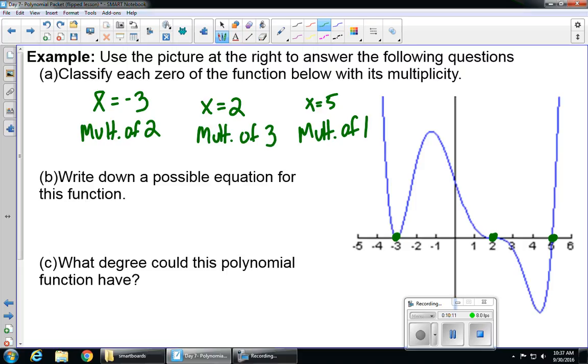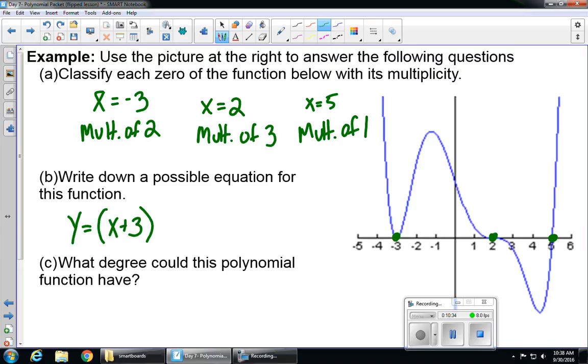So now part B, we want to take all of those and work backwards to somehow get a possible equation. So we're going to work with each piece individually. I always start with a y equals because for an equation, we always need an equals. So if it's x equals -3, it's going to be the opposite. So it's x plus 3.